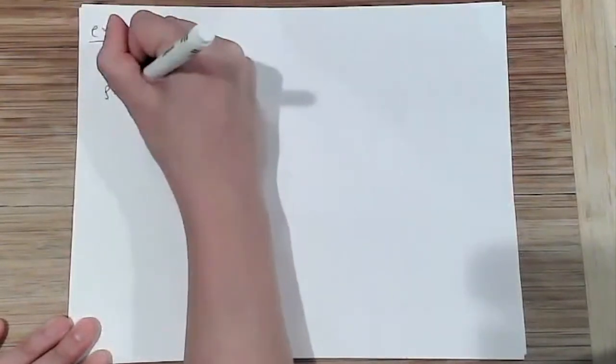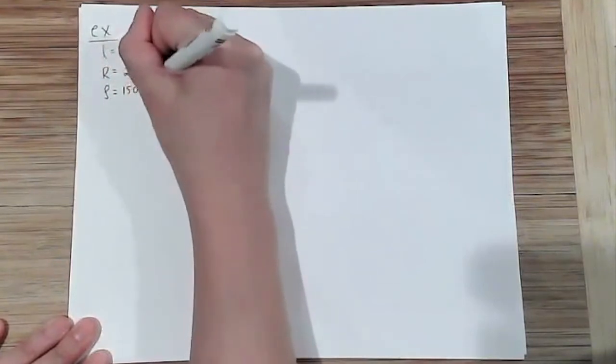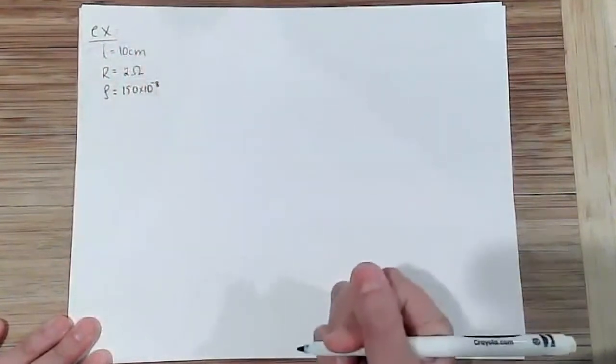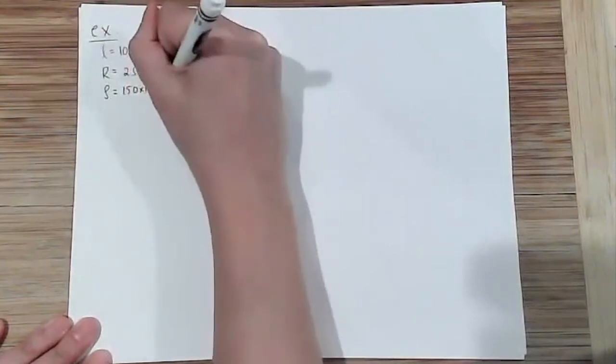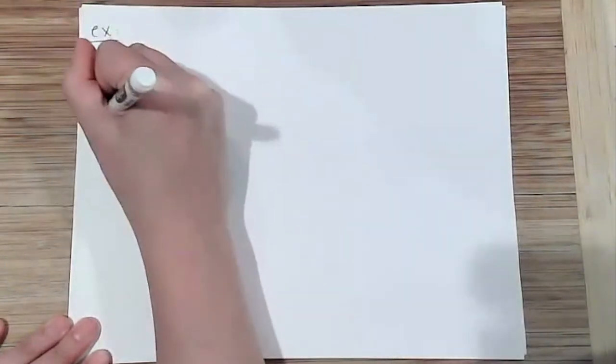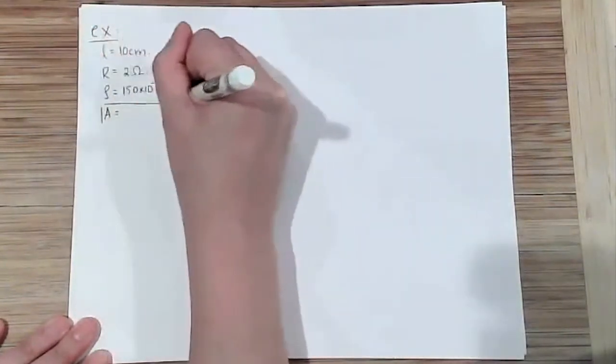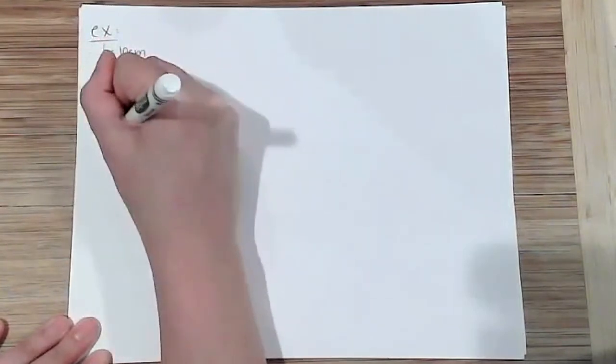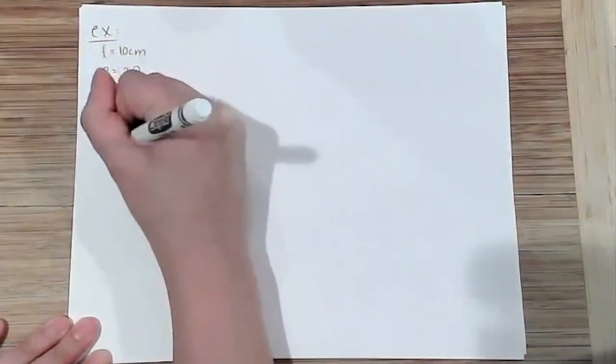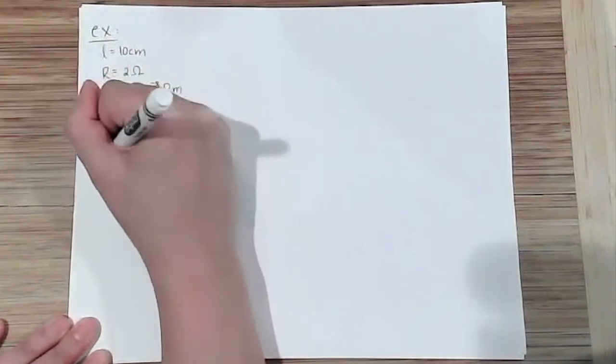I know the resistivity of the nichrome wire we used in class was 150 times 10 to the negative 8th ohm meters, and I am mean. I want you to find both the area and the radius and the diameter.